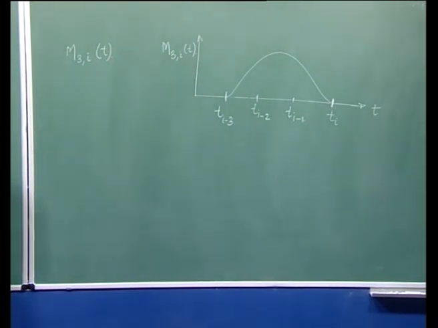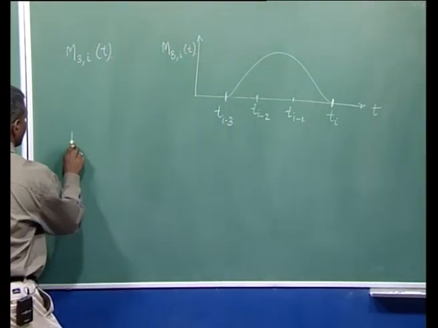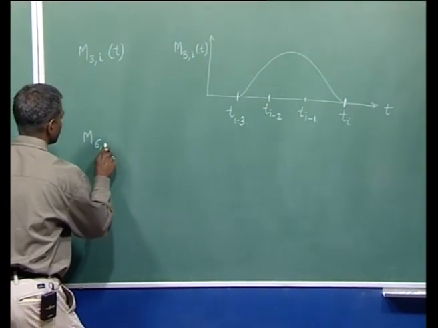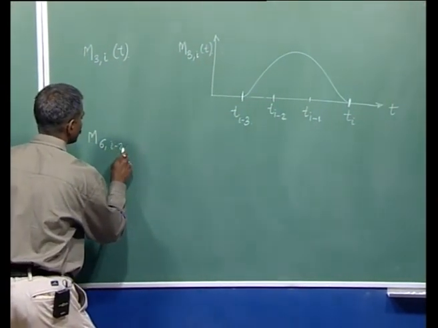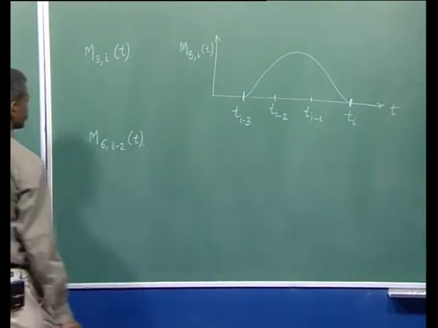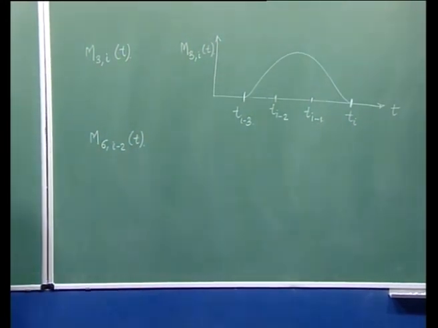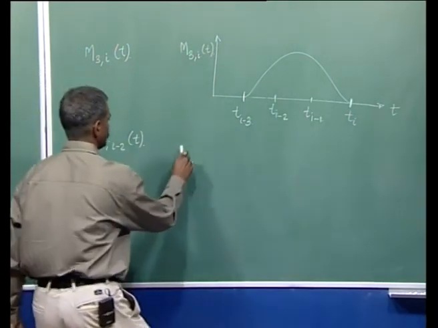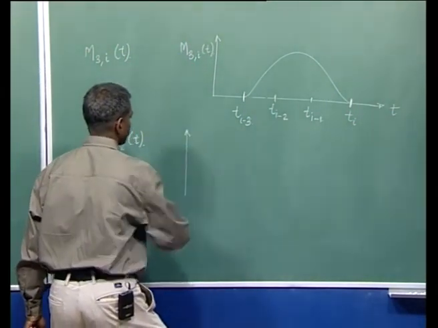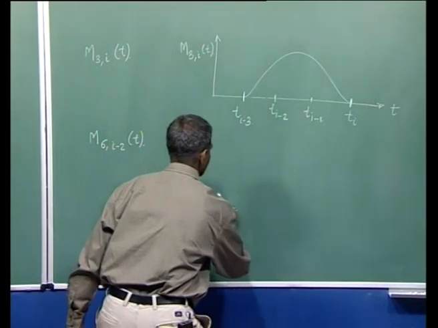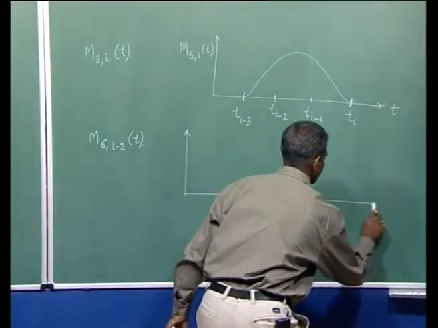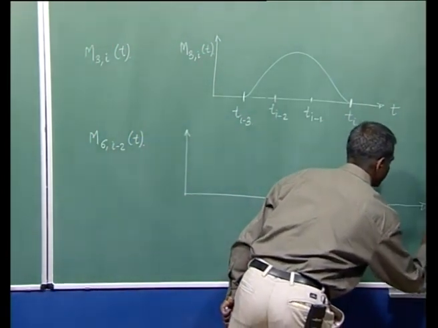Let's try a difficult one. M_6,(i-2)(t), say. You will be constructing many of these spline functions to be able to understand their properties a lot better. Okay, the vertical axis and the parameter axis.